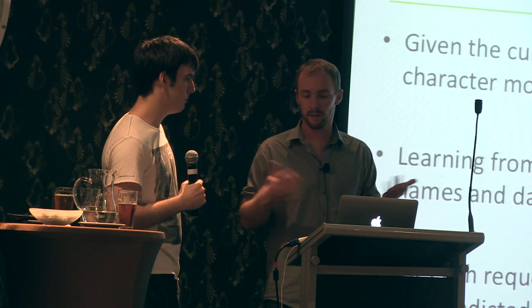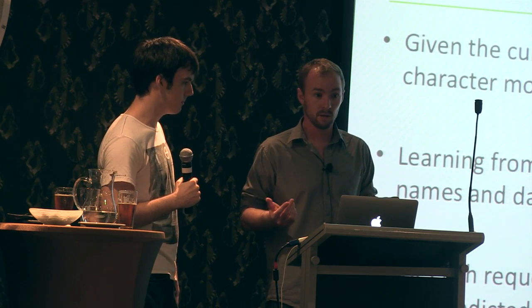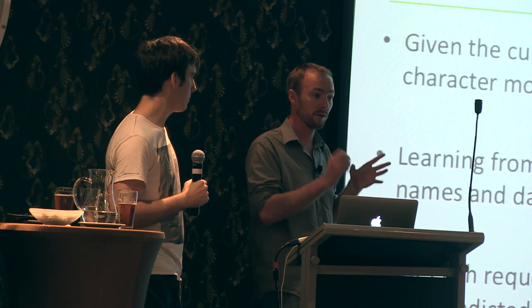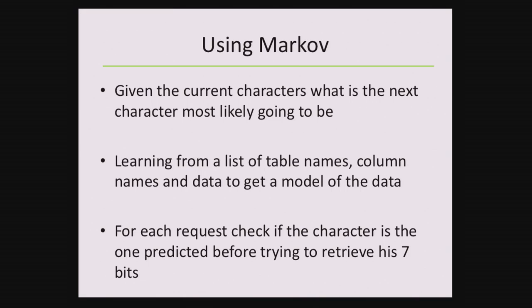So if I got an E in English, the letter that is most likely to be after the E is maybe an S. So we're going to use that. I just retrieved an E, so I'm going to try: is the next letter an S? If it's an S, I win, and I just have to do one request. If it's not, I have to do the 7 requests to retrieve 1 byte of information again.